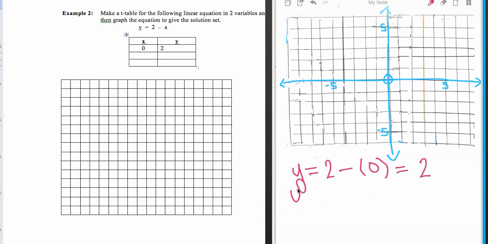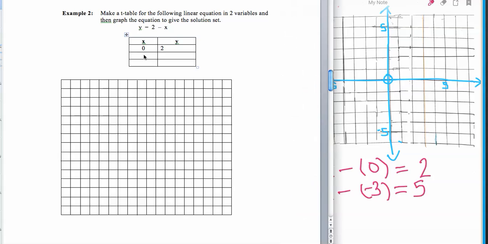So y equals 2 minus whatever x is. I'm going to put in a negative value. Let's put in negative 3. So that gives us 2 plus 3, which is 5. So when x is equal to negative 3, my y is equal to 5.